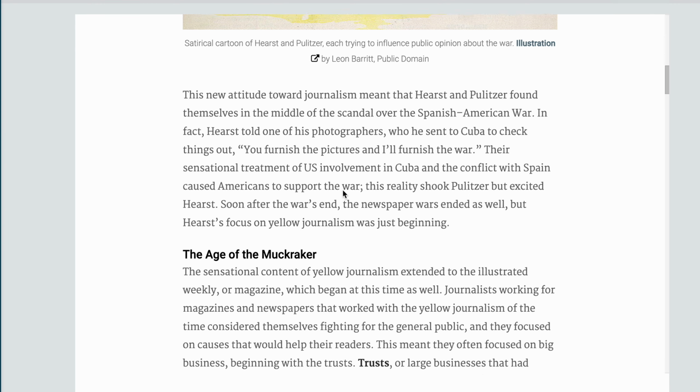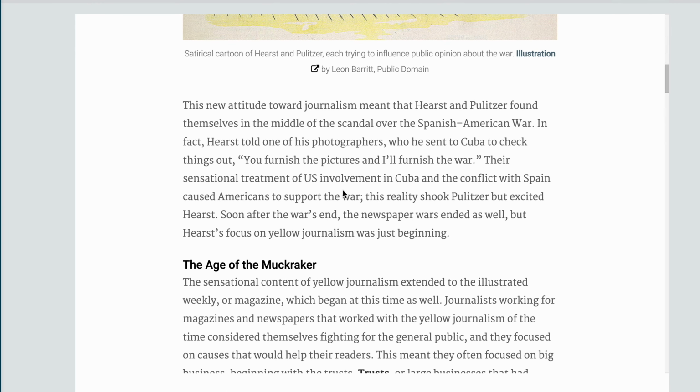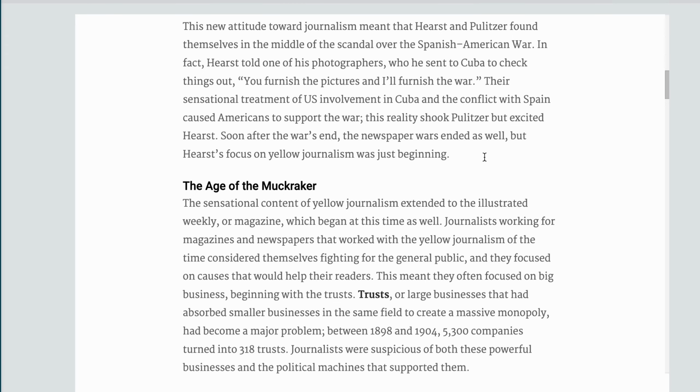One more time, this was a new trend during that period of time, and it appeared during the Spanish American War. And one of the most famous quotes that would represent yellow journalism was, "You furnish the picture, and I'll furnish the war." So we might have a picture and that's real, but I'll make up a story out of it.